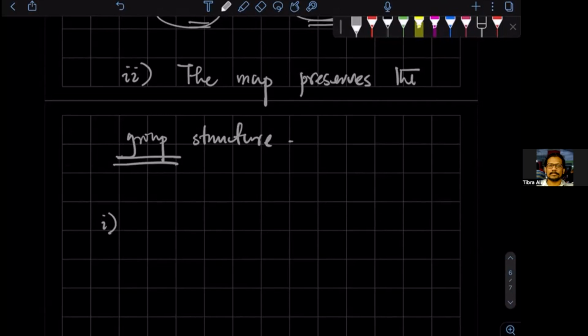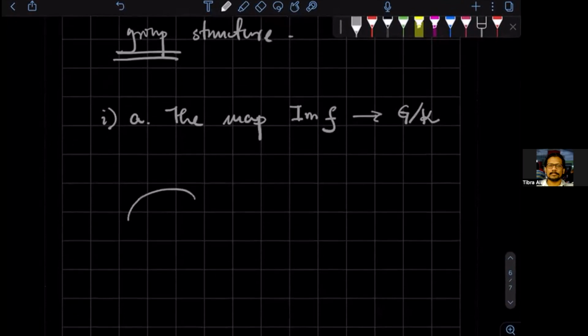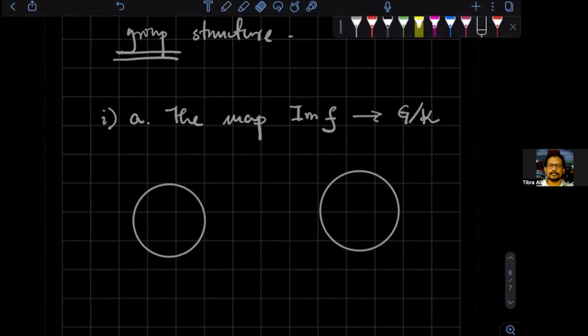Okay, so number 1A. Let's look at the map which is the map from the image of F to G over K. So essentially, if I have, okay, well, these are actually new.